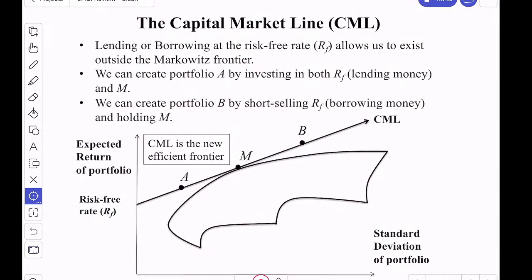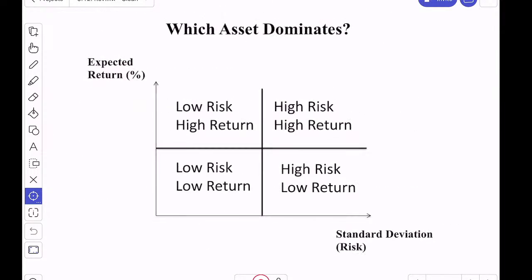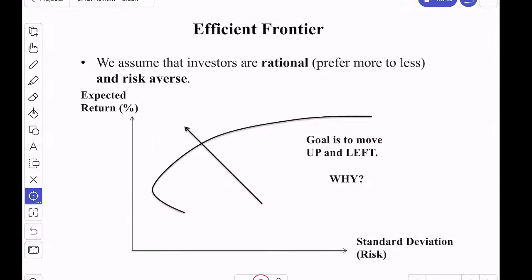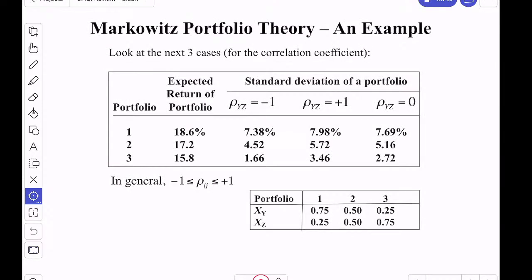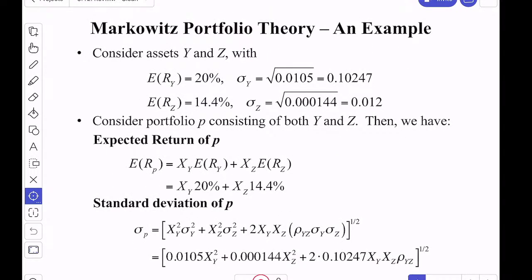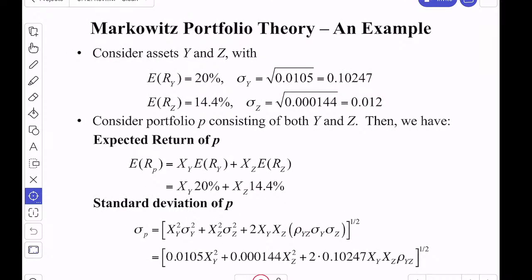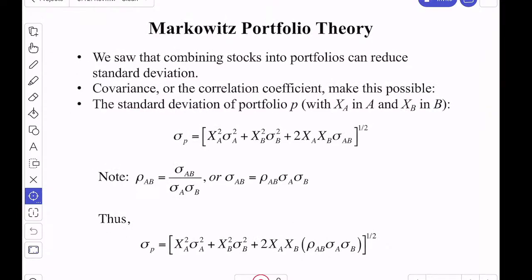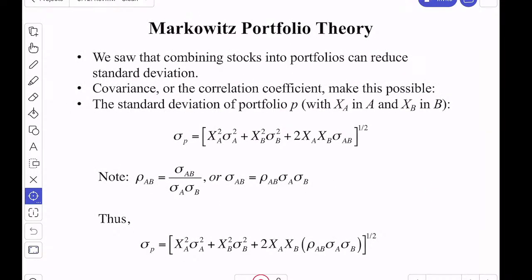Okay, I guess I have to start back here. I'm going to skip that. I don't know if I can skip this now that I think about it. Okay, I'm going to just touch this and go deeper next time. But what you need to know is we are going to combine stocks, okay?